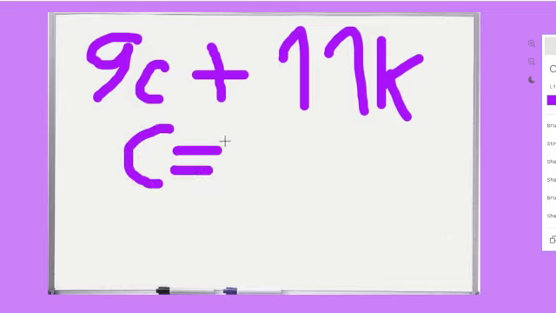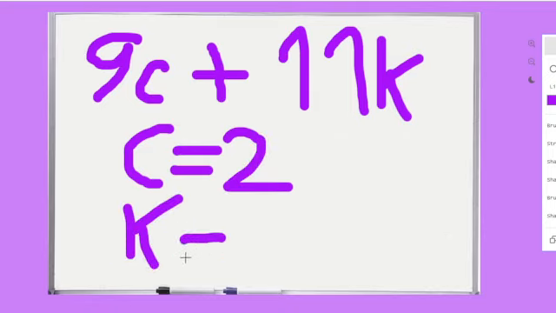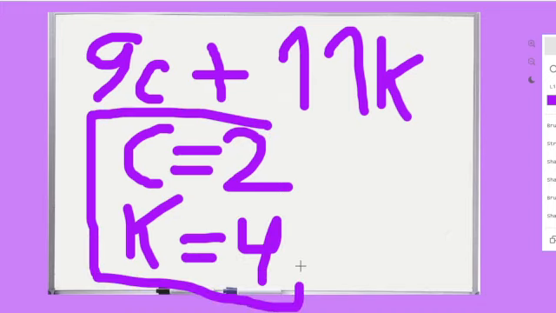Well, first you would have to recognize this. C equals 2 and K equals 4. So, now that you know that C equals 2 and K equals 4. By the way, K is for cow and C is for chicken.